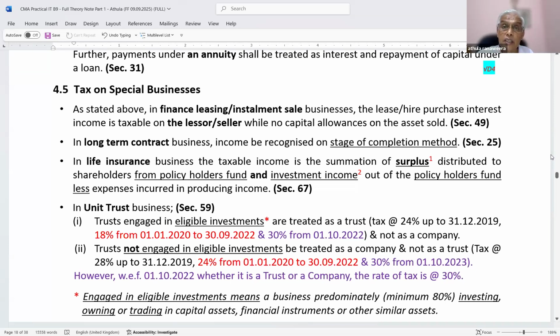In the early years, they recognize profit because under long-term contract, we have to follow the accounting standard, the stage of completion method. By applying the stage of completion method, they have recognized some profit in the previous year. Suddenly, in the second year or third year, they cancel the project. When they cancel the project, it is not an easy job.